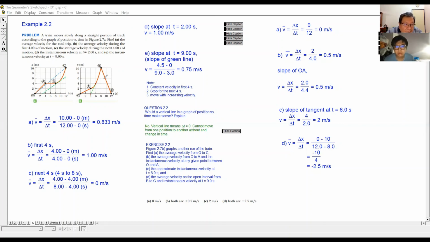This point here is on the same straight line, the gradient should be the same. It is negative 2.5 because along the same straight line, all the points here have the same slope, same gradient. So it should be negative 2.5 also, right?